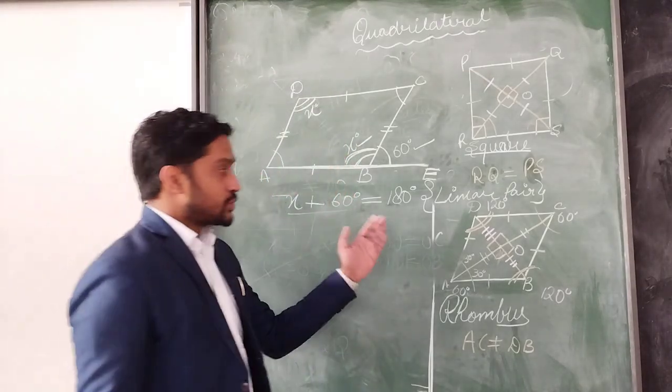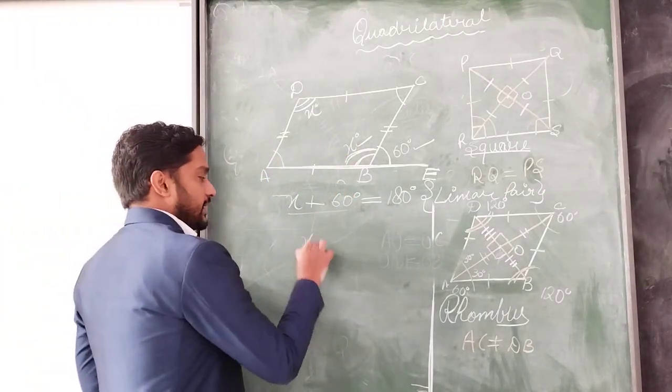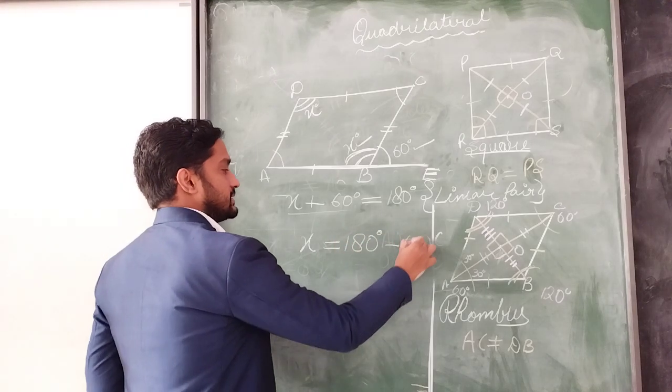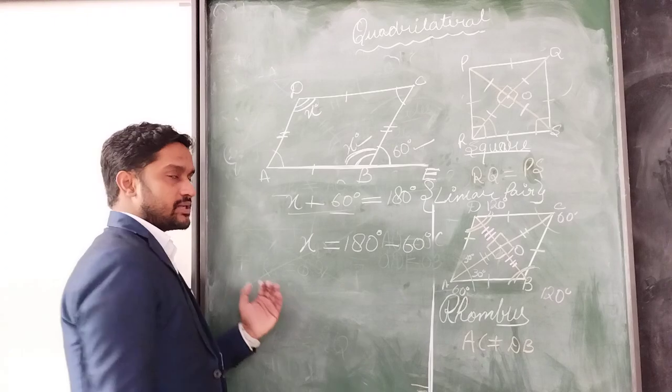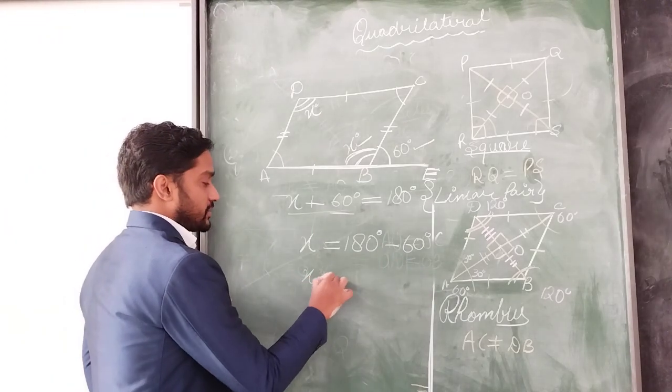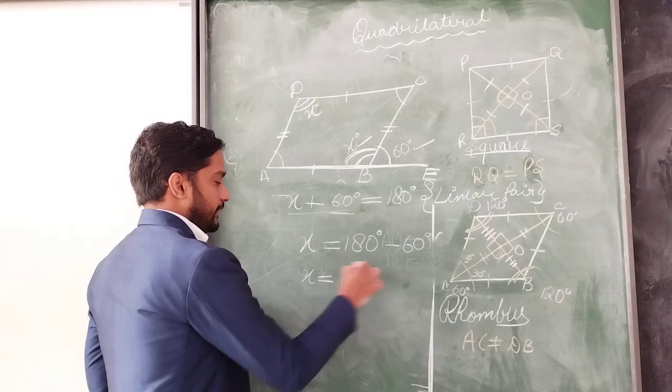So x plus 60 equals 180. What will be the value of x? Very simple: x equals 180 minus 60. The 60 degrees on the LHS, when we bring it to the RHS, the sign will change and become minus 60. So x equals 120 degrees.